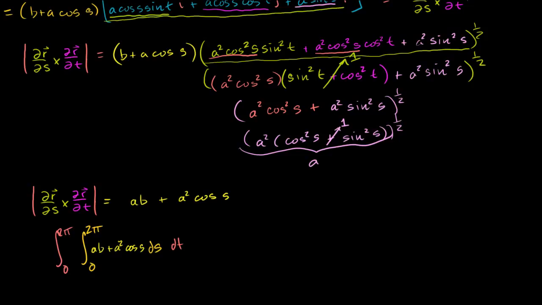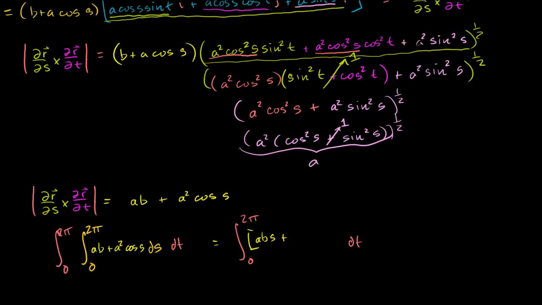And what is this equal to? We just take the antiderivative of the inside with respect to s. So let me do the outside of our integral. We're still going to have to deal with the 0 to 2 pi and our dt right here. But the antiderivative with respect to s is going to be, ab is just a constant, so abs plus, what's the antiderivative of cosine of s?